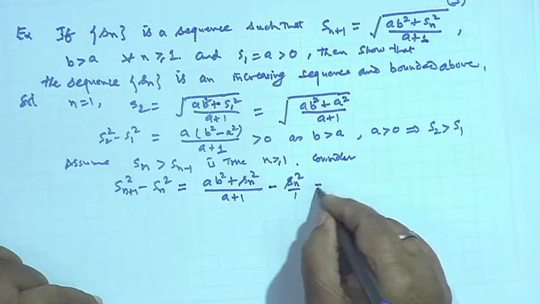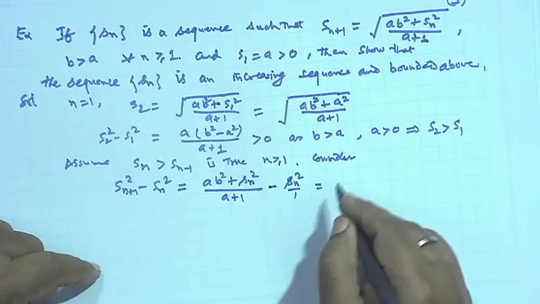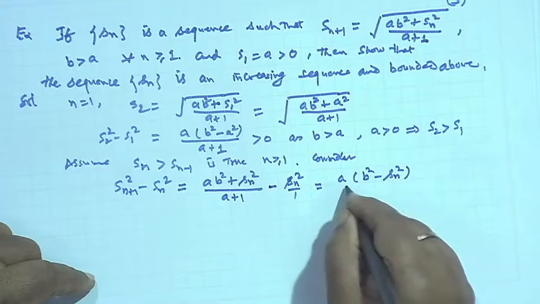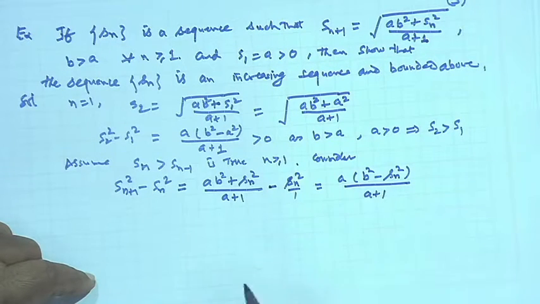So this is equal to, when you simplify further, A into (B square minus Sn square) divided by (A plus 1).